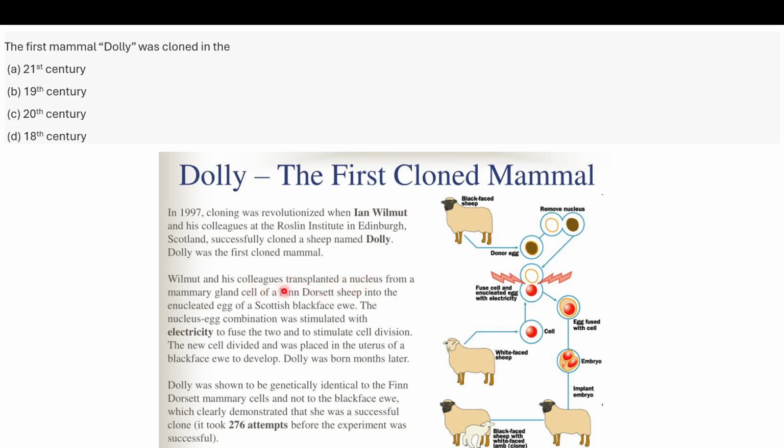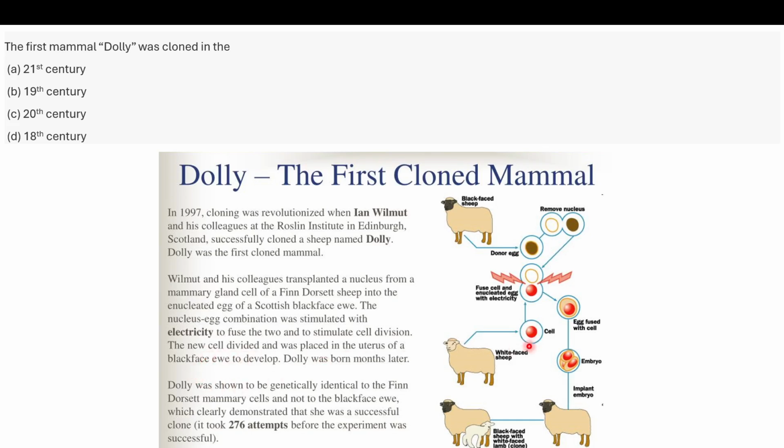So they transplanted a nucleus from the mammary gland of a Finn Dorset sheep, this was the breed of the sheep, into an enucleated egg of a Scottish Blackface ewe. A ewe is a female sheep. The nucleus-egg combination was stimulated using electricity to fuse the two and stimulate cell division.